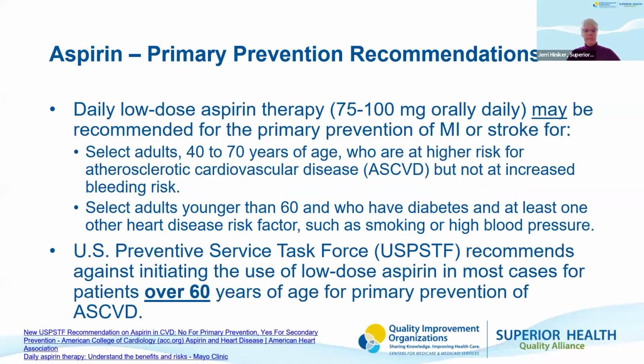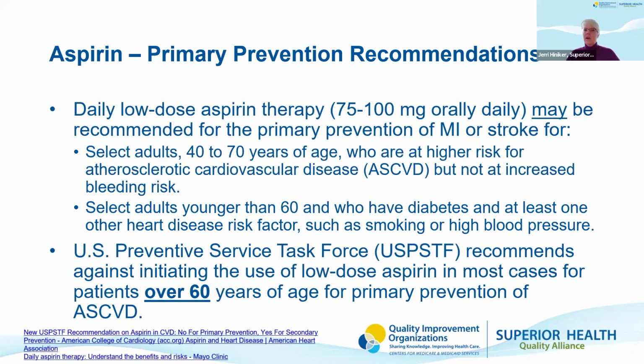Next slide, please. I do just want to go over some of these primary prevention recommendations. We want to make sure that you're aware of and using the guidelines in your facility. But there may be some instances where a low dose aspirin, and we're talking 75 to 100 milligrams, basically your baby aspirin, may be recommended for primary prevention of heart attack or stroke.